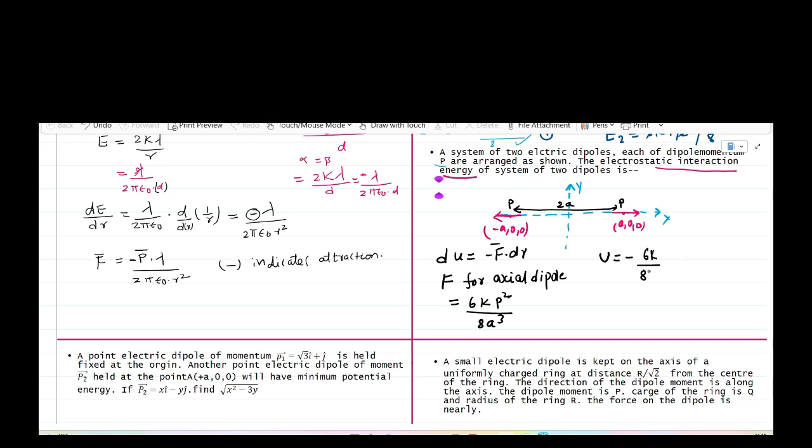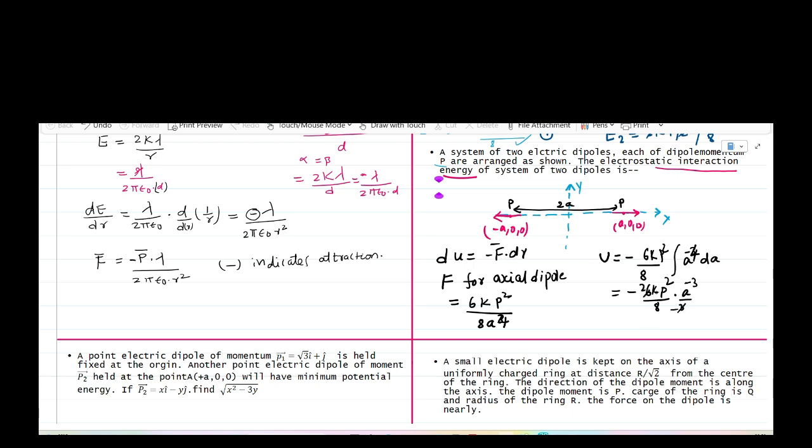Then U is equal to minus 6k p square by 8 times the integral of a power minus 3 into dx, with x equal to 2a, so a 2 will come. The force is a power 4, not a cube, so a power minus 4. That equals minus 6k p square by 8 into a power minus 3 by minus 3.